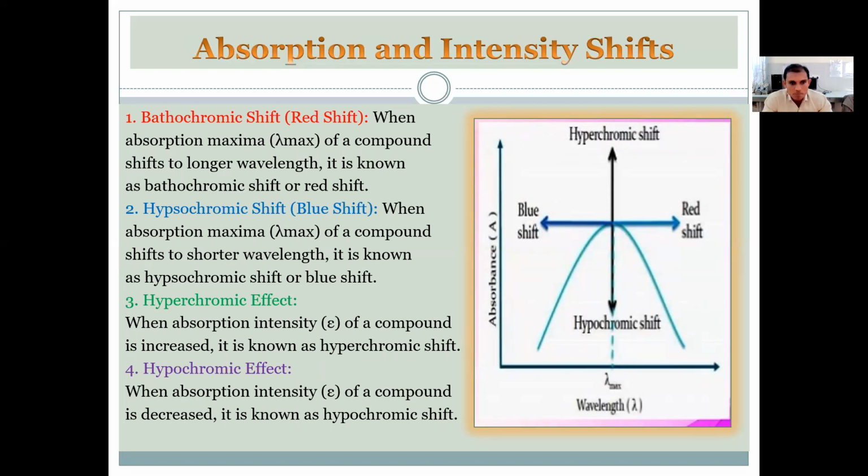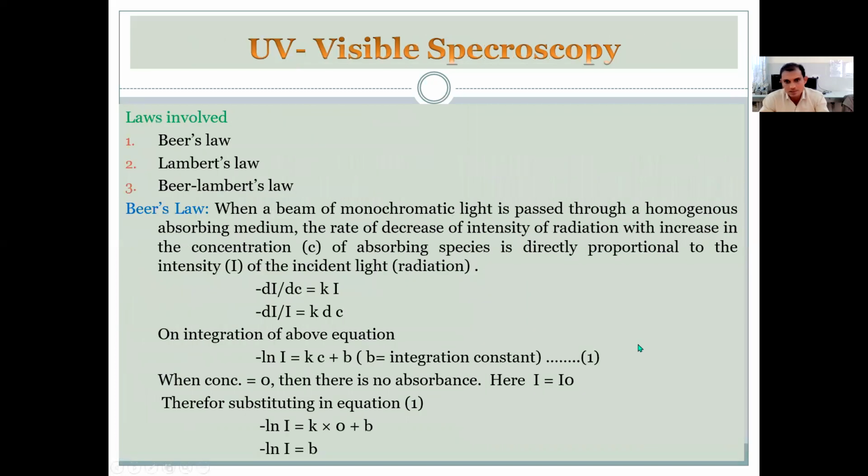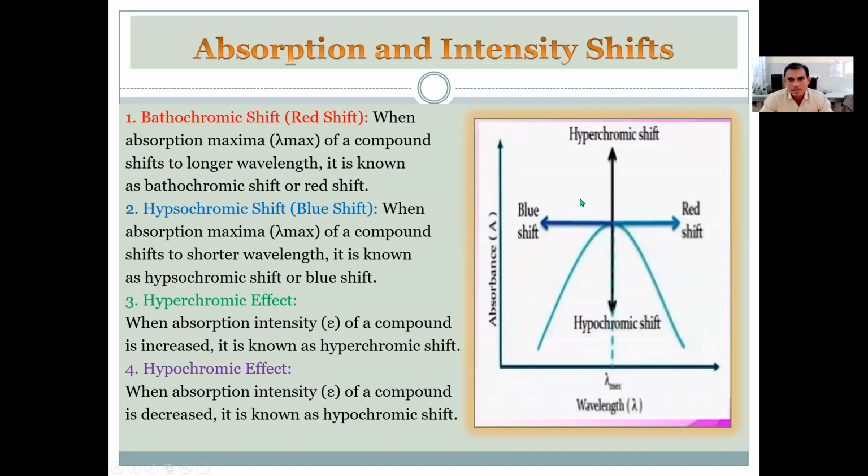Hyperchromic and hypochromic effect. Hyperchromic means when the absorption intensity epsilon of a compound is increased. In the hyperchromic shift, the absorption intensity increases. And when the absorption intensity decreases, this is absorbance, and with respect to absorbance, the absorption intensity is decreasing.